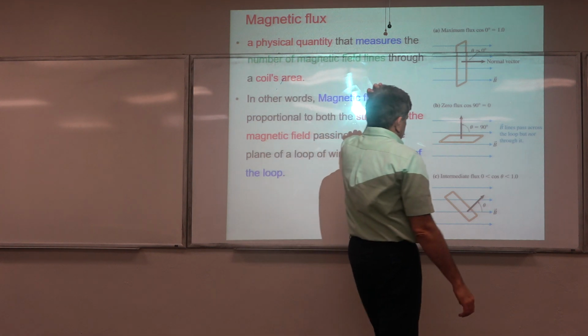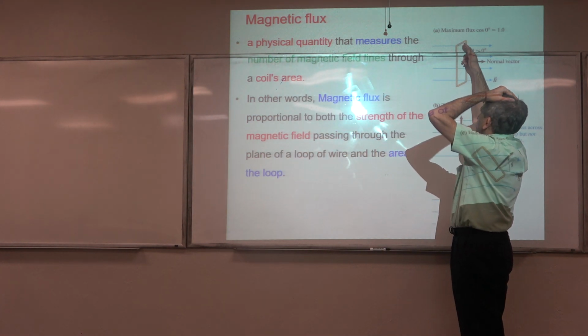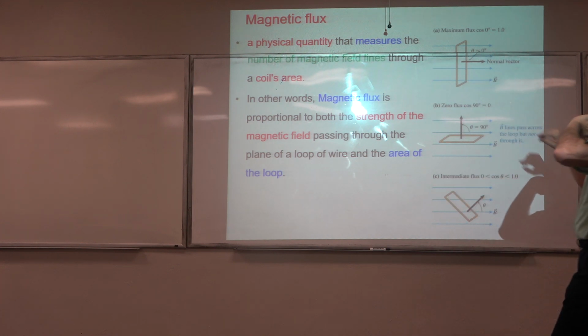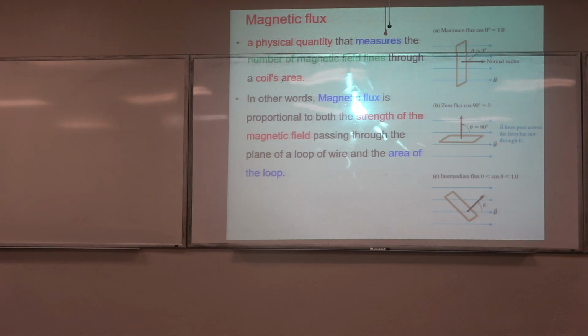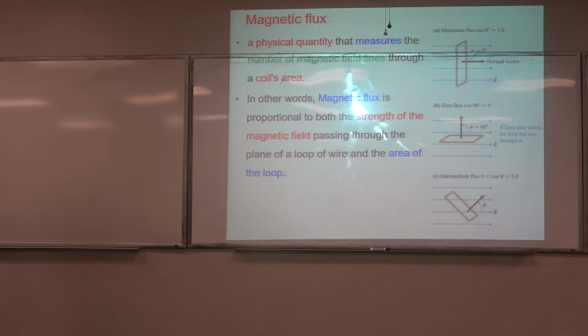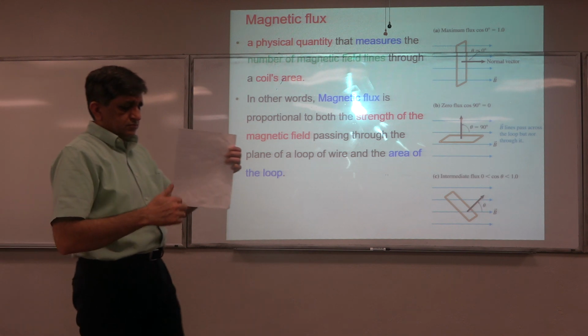Alright? For example, here I have a coil and the magnetic field lines are passing through it. So now the magnetic field lines and the area vector of the coil are making some angle theta. So here it is. This is a coil.